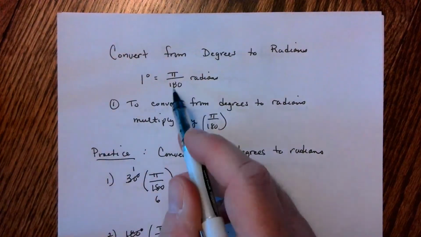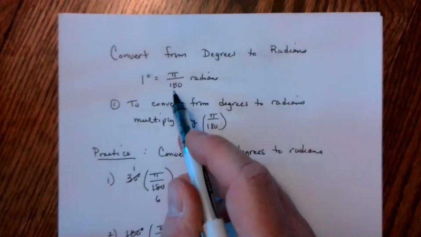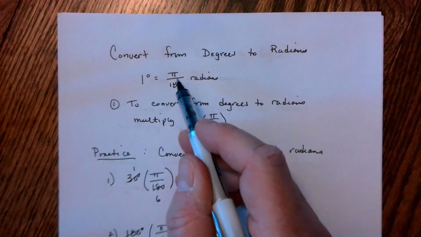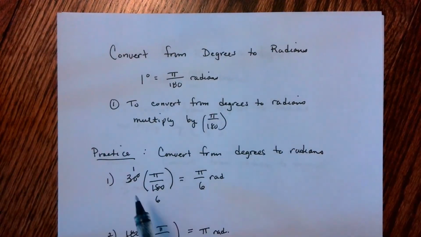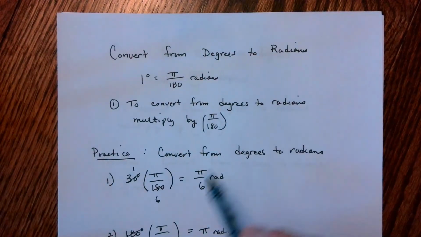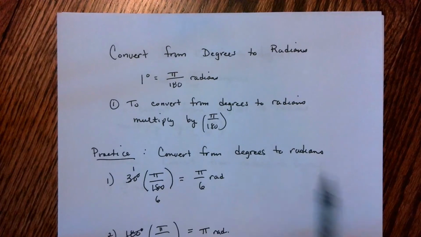We simply need to multiply whatever our degree is times pi over 180. And keep in mind, notice our pi is in our numerator, so that after we multiply everything out and simplify, we end up with pi in our answer. That's very important, because when you're converting to radians, you usually are going to have pi in your answer, not always, but usually.